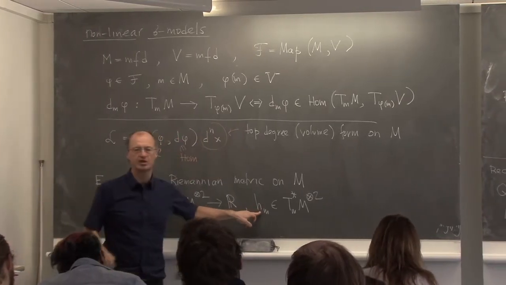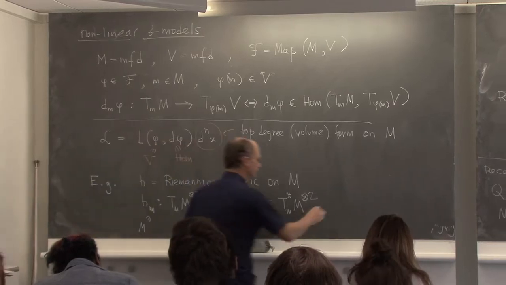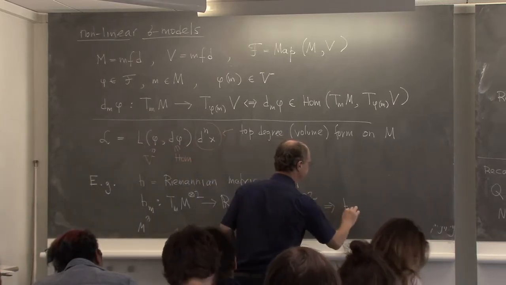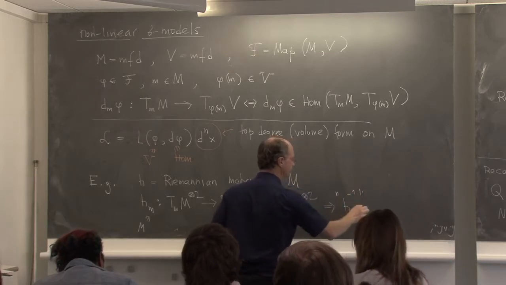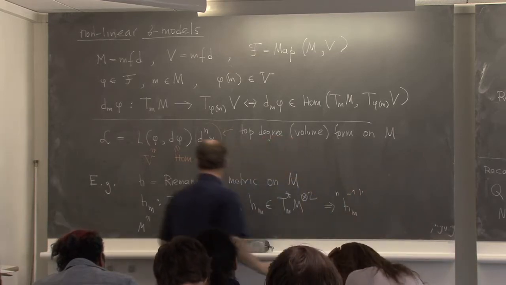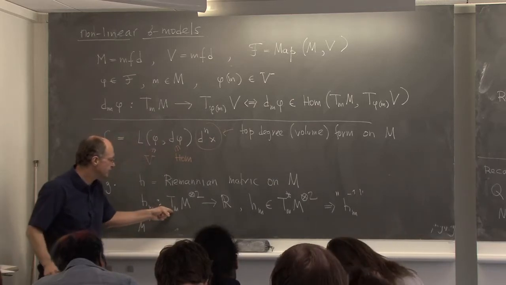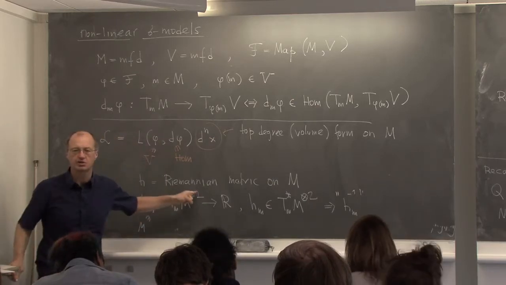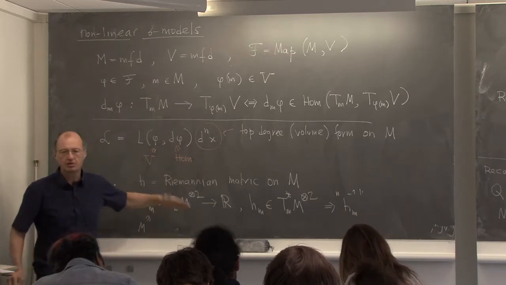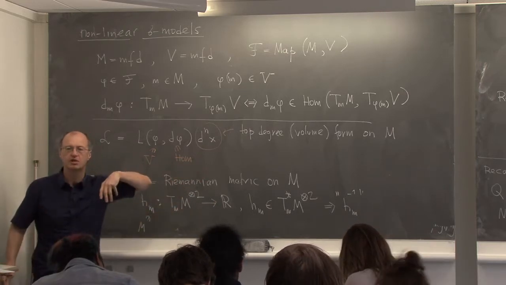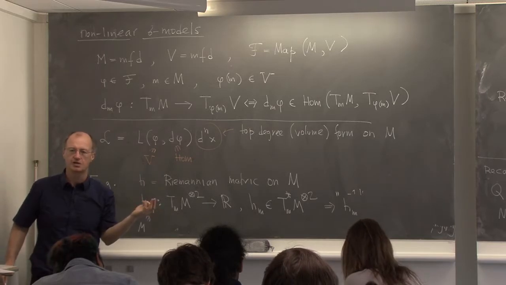It's non-degenerate. Therefore, we can introduce its inverse as a map from Tm star M tensor squared to R. So we have here a canonical element. We can take the dual canonical element in the dual vector space.